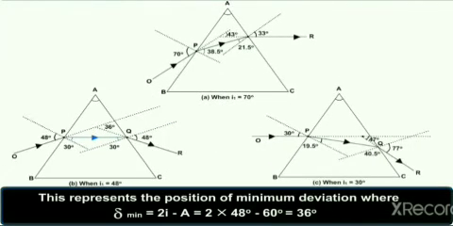This represents the position of minimum deviation where delta minimum is equal to 2I minus A, which equals 2 into 48 degrees minus 60 degrees. So delta minimum is equal to 36 degrees.